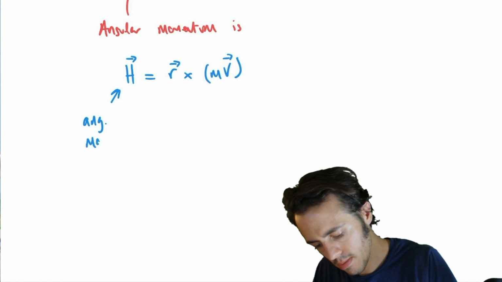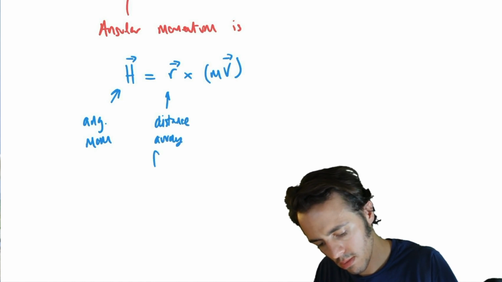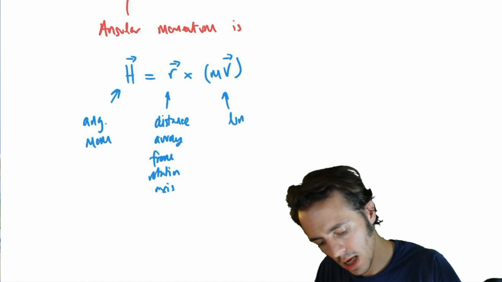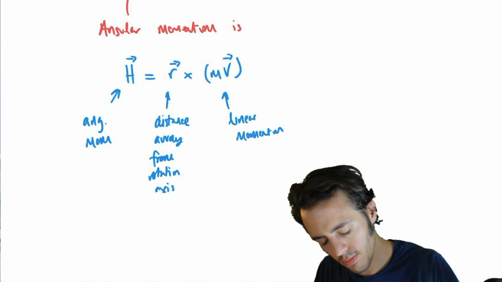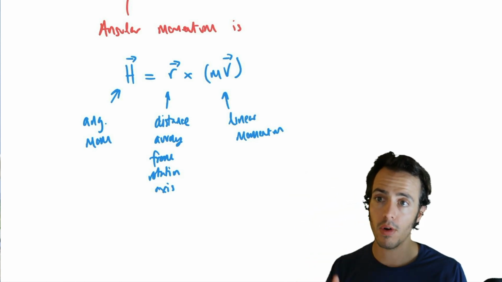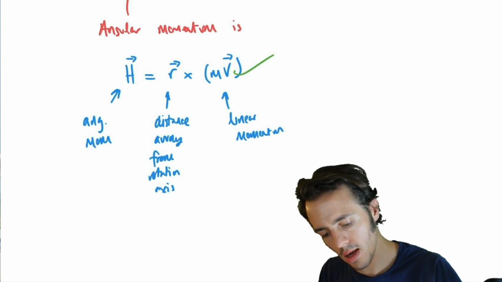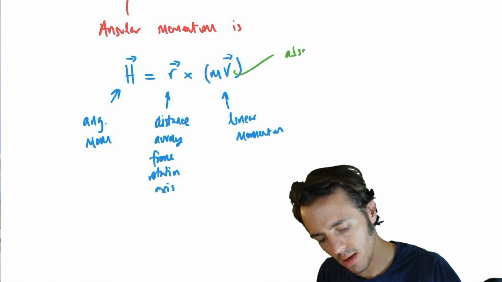Angular momentum, distance away from rotation, and then here we've got our linear momentum. So linear momentum is just the product of the mass and this part here, the absolute velocity.